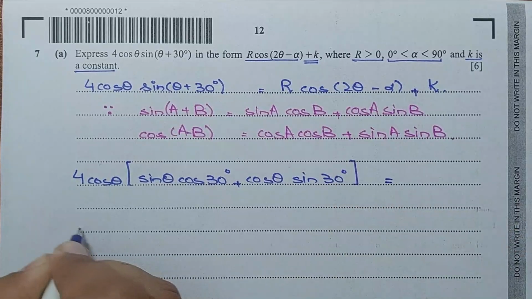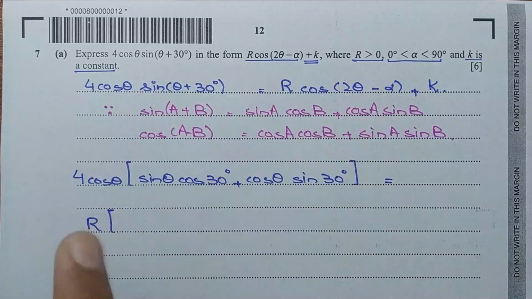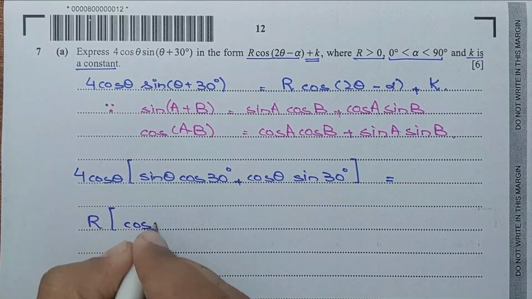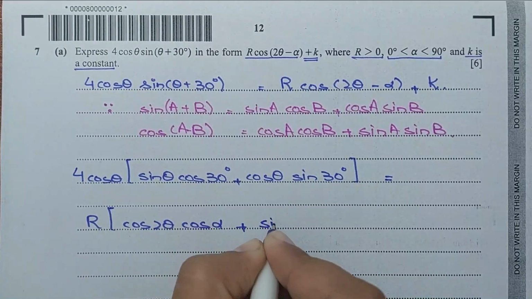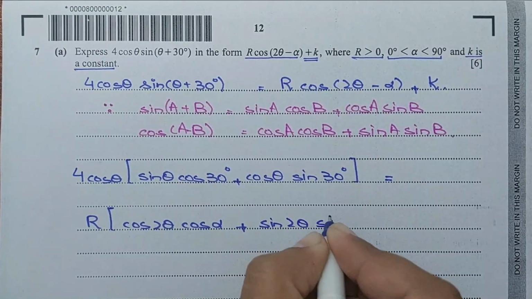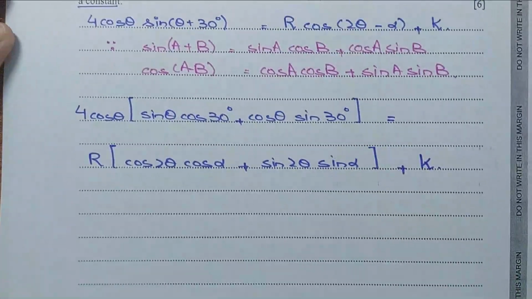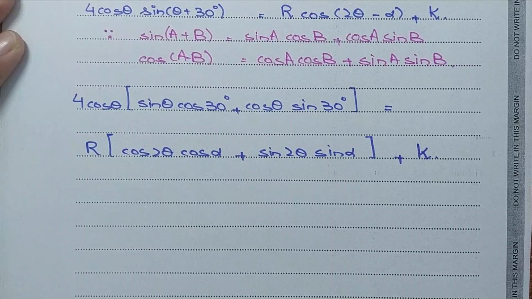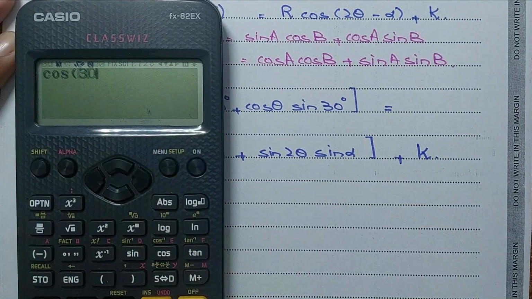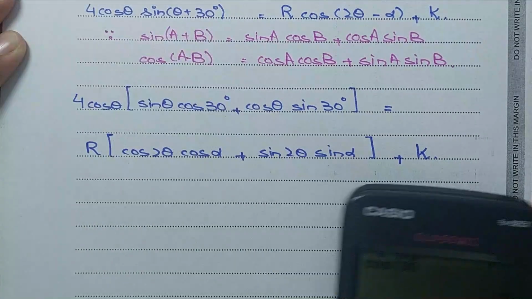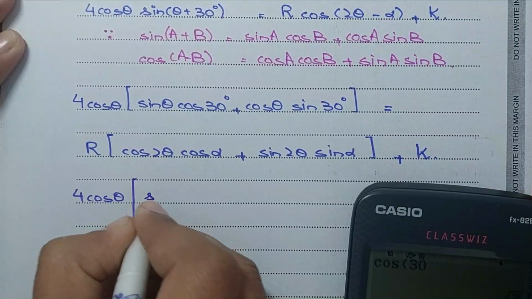This whole thing equals r bracket cos(a minus b): cos theta cos alpha plus sine theta sine alpha, plus some k. Okay, now for this simplification we need to figure out sine 30 and cos 30. This is in radians, convert it into degrees. Cos of 30, okay, 4 cos theta sine theta.